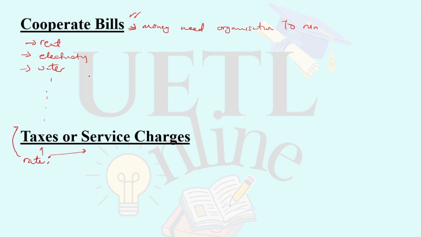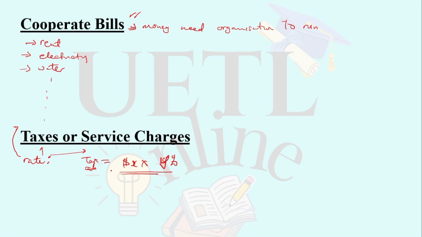Let's say you have used money X dollars for your company. Then this rate is multiplied on this money. Let's say it's Y percent. We multiply here, and after multiplying, we add it to this money. Let's say this is the tax.